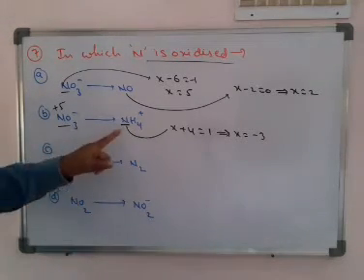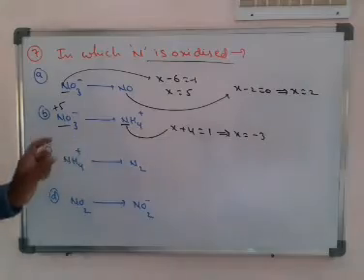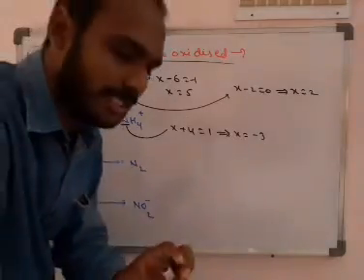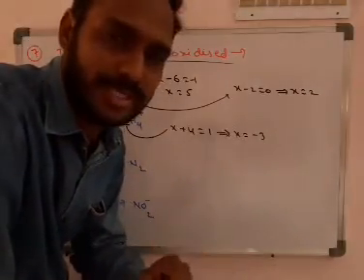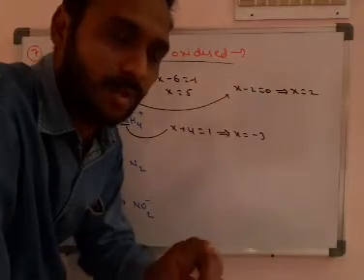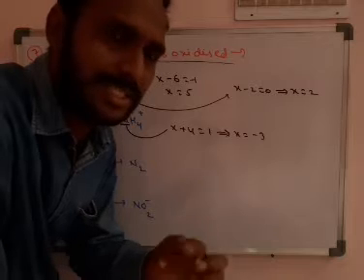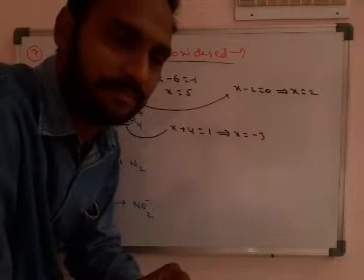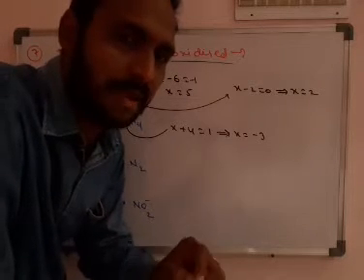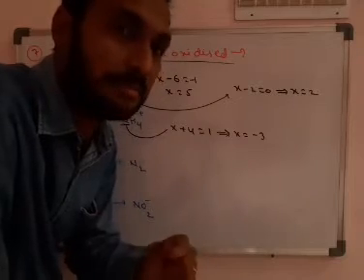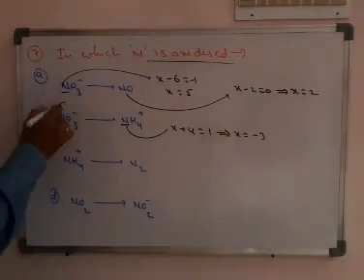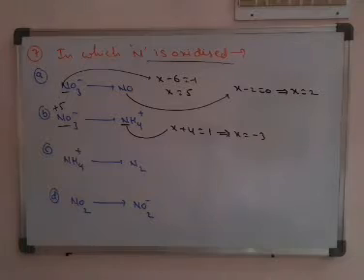The importance of this change is that nitrogen shows variable oxidation states. Its maximum oxidation number is plus 5 and its least oxidation number is minus 3. Both plus 5 and minus 3 are present here.